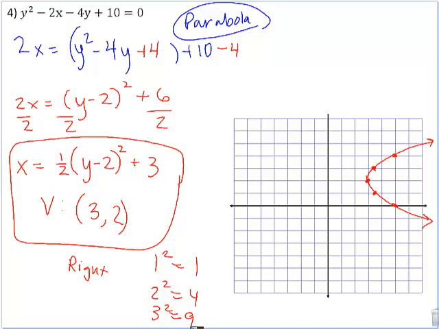Okay, it's just perfect squares, right? 1 squared is 1, 2 squared is 4, 3 squared is 9. This is a square in the formula, so this is telling us we have to square how far away we are from the vertex, and then multiply it by the number out in front. So here, if we are 1 away from our vertex, we would be 1 squared, which is 1, but we have to make sure we times it by a half. So 1 times a half is a half.